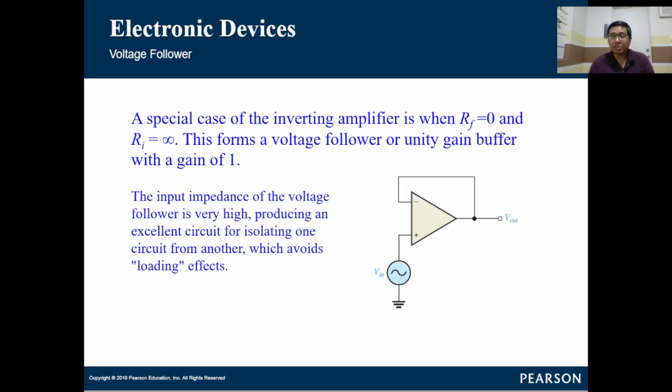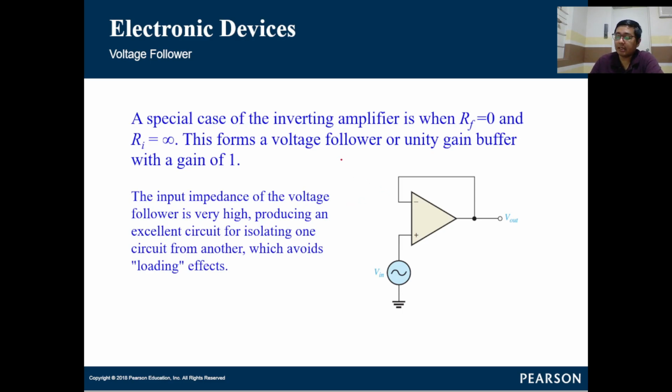We have a special case of an amplifier. This is called a voltage follower, wherein our output is directly connected to the inverting input of our operational amplifier. It means that the gain will be equal to 1. So the voltage gain is equal to 1.